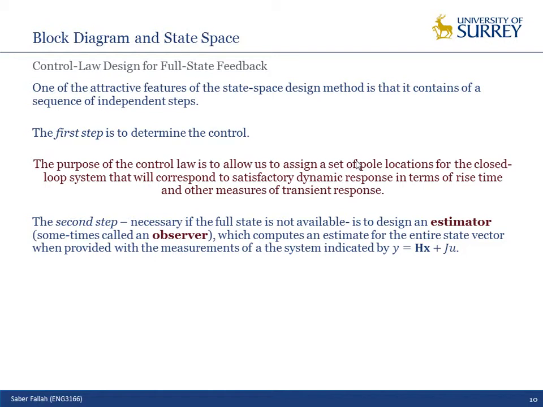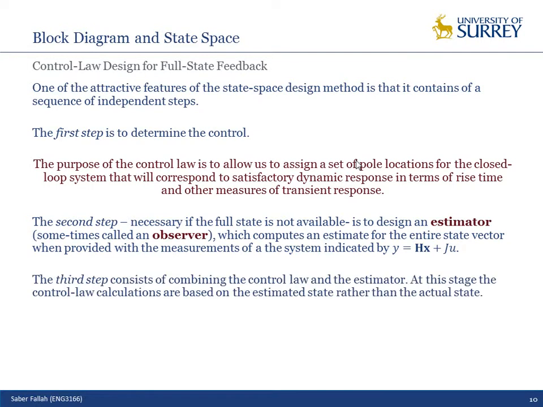I won't talk about the observer or estimator design in this lecture, but just to give you an idea how the whole control system works. The third step is to combine the controller and estimator together to build up the whole control system.